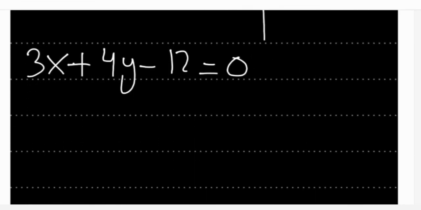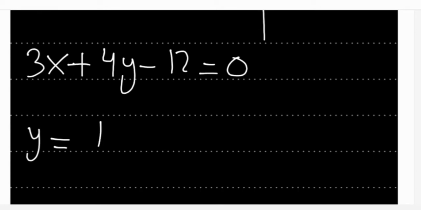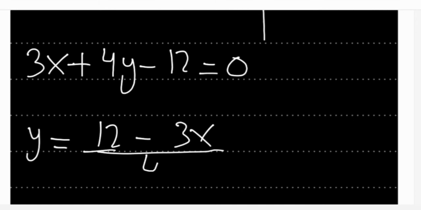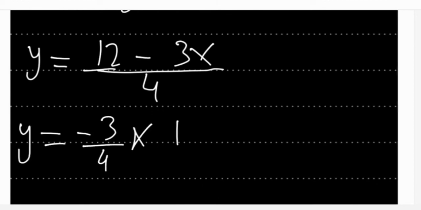So for this line, let's make y alone, taking the other terms to the other side, the same thing, just isolating y. So y equals 12 minus 3x, divided by 4, right? So y is equal to minus 3 divided by 4 x plus 12 divided by 4 is 3.